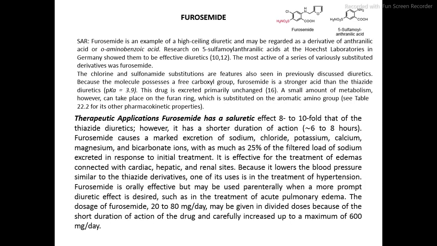The next drug which is related to furosemide is bumetanide. Here also we see some of the points related to SAR. In bumetanide, a phenoxy group replaces, customarily, the chloro or trifluoromethyl substitution seen with the other diuretic molecules.